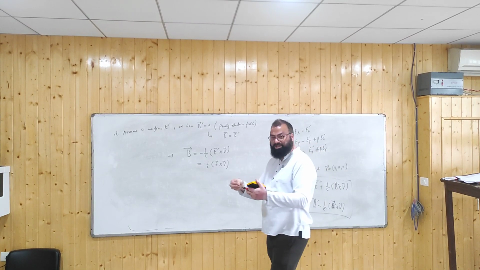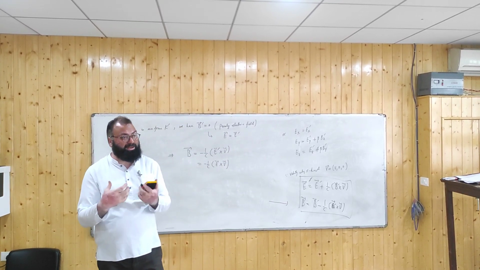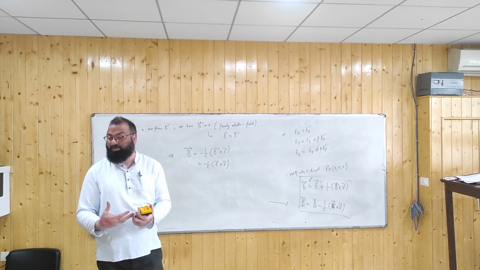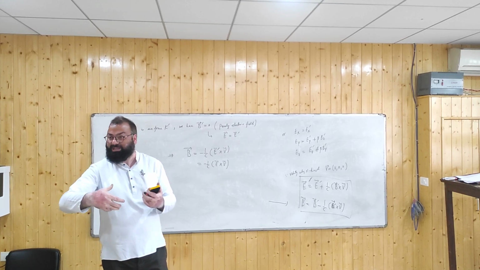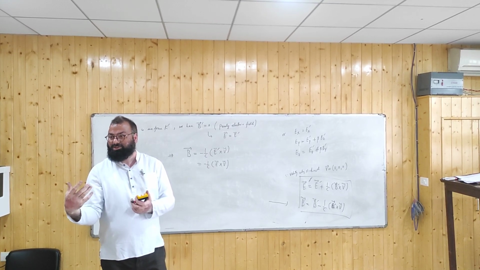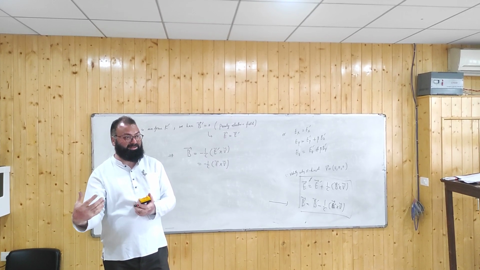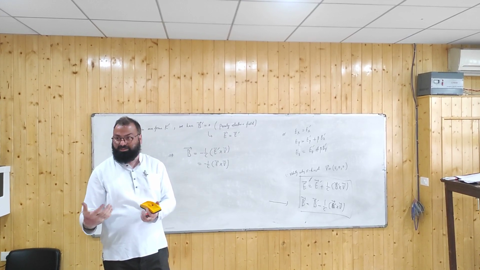If you have a point charge at rest, the field is purely electrostatic, so there is no magnetic field. Now an observer is moving with respect to that point charge. What will he observe? He will observe magnetic field as well, because electric and magnetic fields are relative in nature. Motion is relative. Clear?